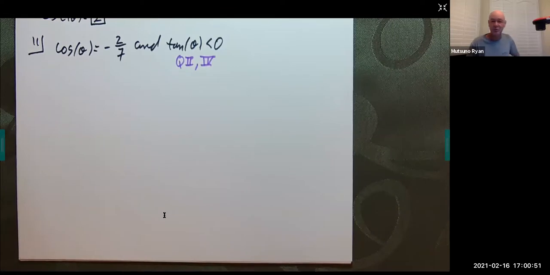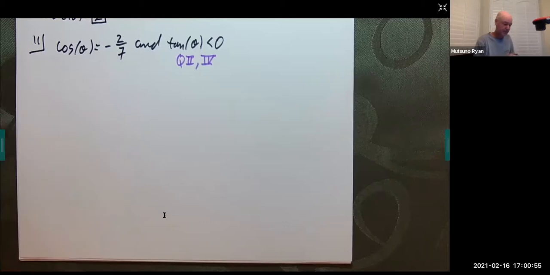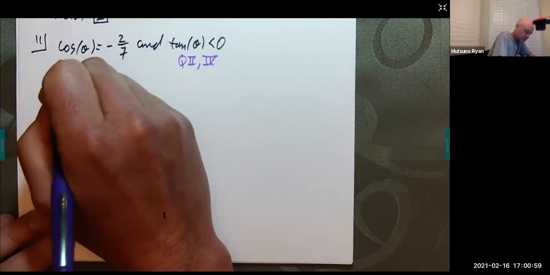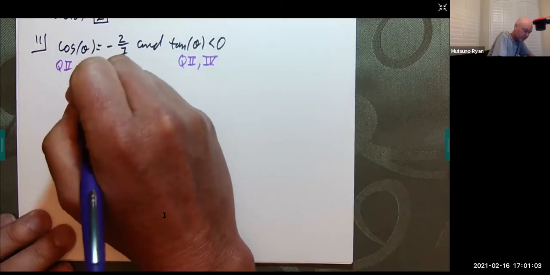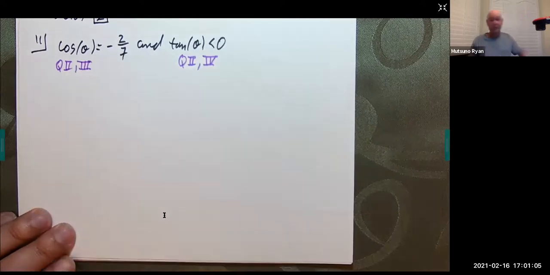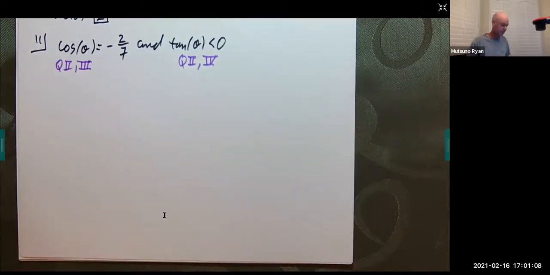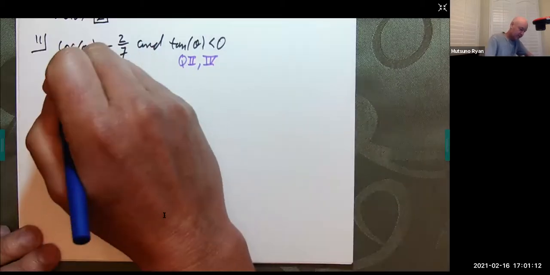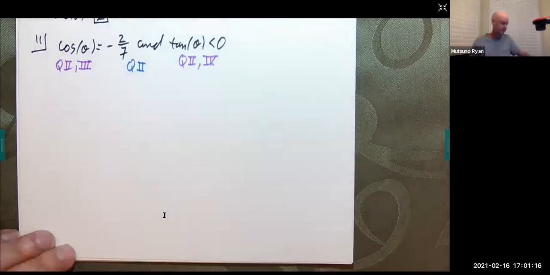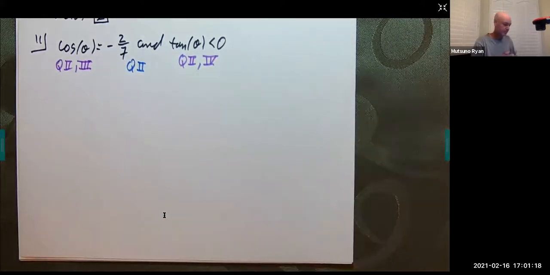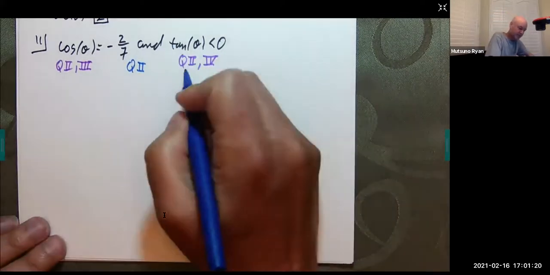It's positive in quadrants 1 and 3. Cosine is negative in quadrants 2 and 3. That's where x is negative. So what quadrant are we in? Looks like we are in quadrant 2. So it shares both.